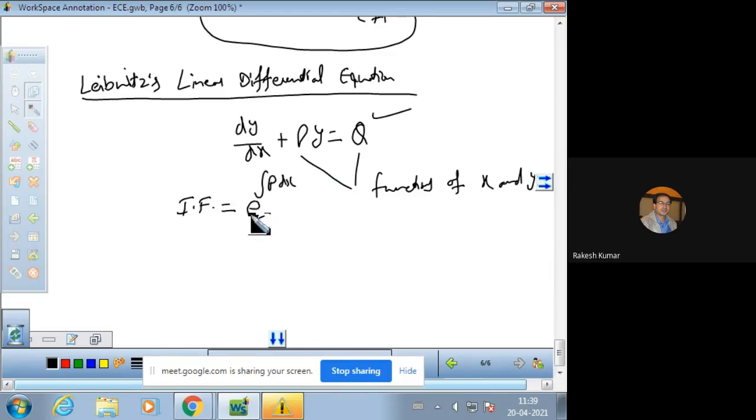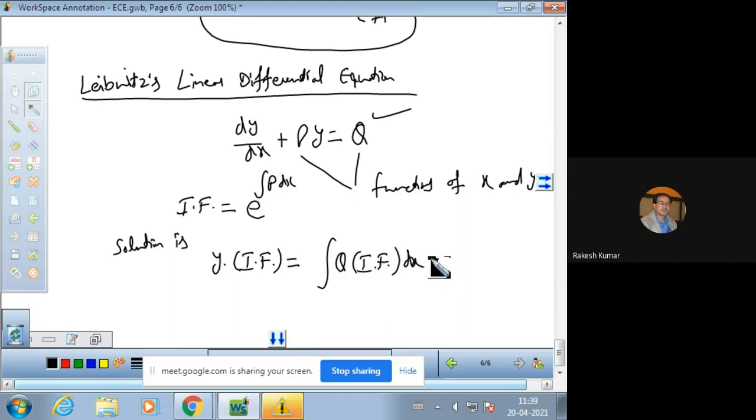This will be your integrating factor, and your solution is y into integrating factor is equal to integral q into integrating factor into dx plus constant of integration.